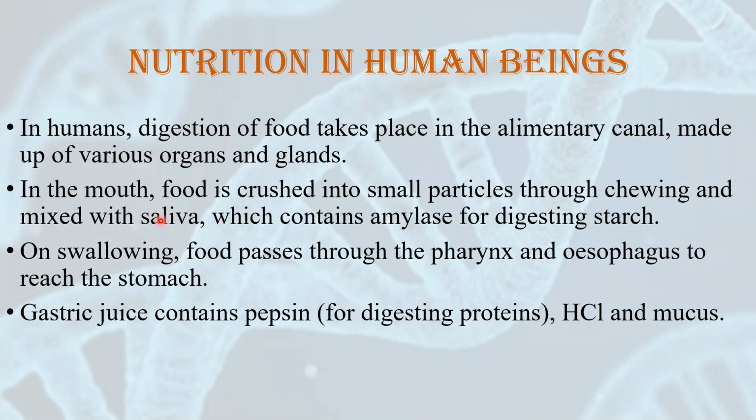Can you tell me the reason why the food is mixed with saliva? So that it becomes easy to swallow it. Here, we need to chew it thoroughly so that the entire food is mixed with saliva. And if it is properly mixed with saliva, proper digestion can take place.